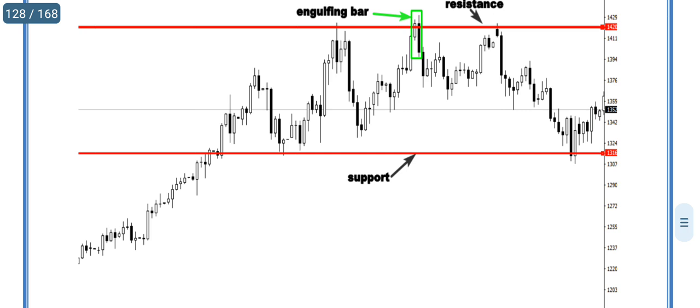And at the resistance level, the formation of an engulfing bar candlestick indicates a sell signal, and at that point we have to sell the market. So that is one of the ways we can trade the engulfing bar from the major key levels, the support and resistance levels.